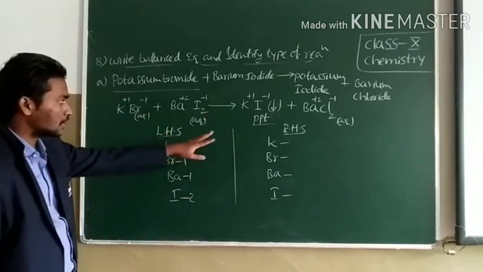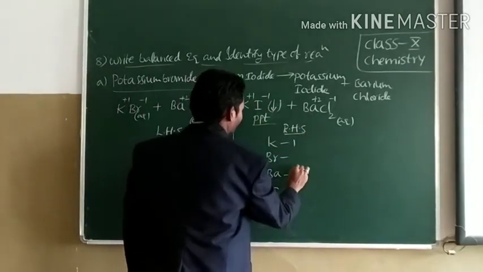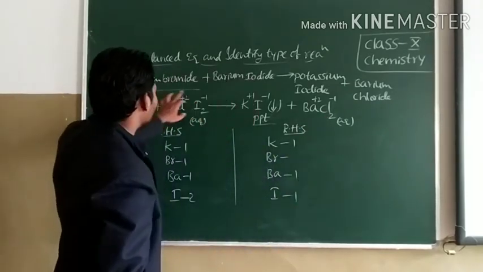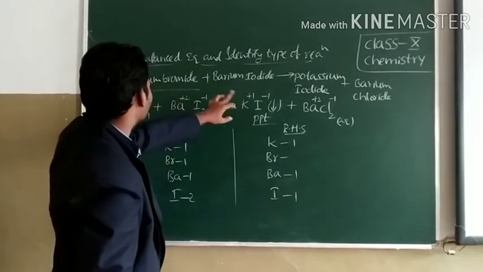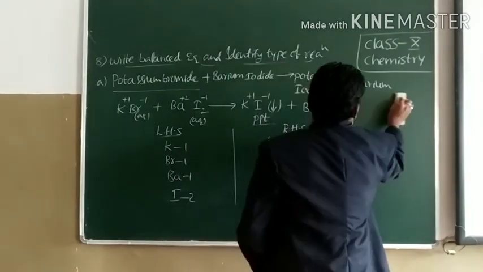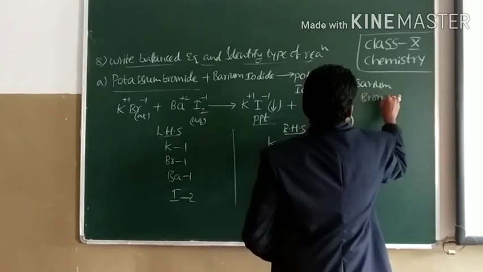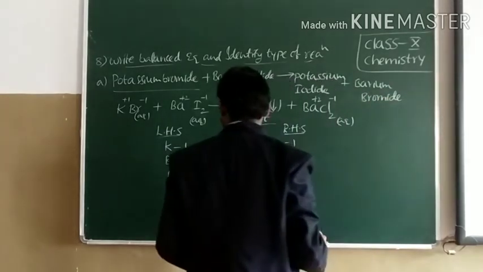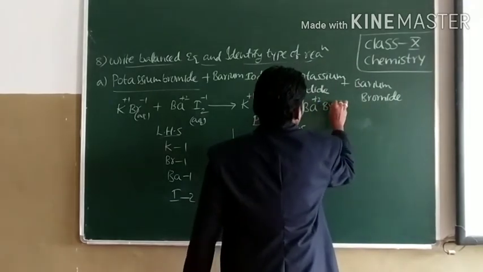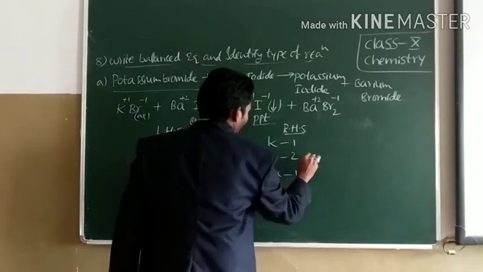On the right side, one potassium atom, one iodine atom, one barium atom, and chlorine atoms. Sorry, children, barium bromide. So the barium bromide formula is BaBr2.